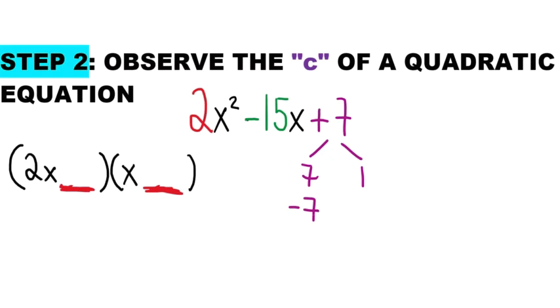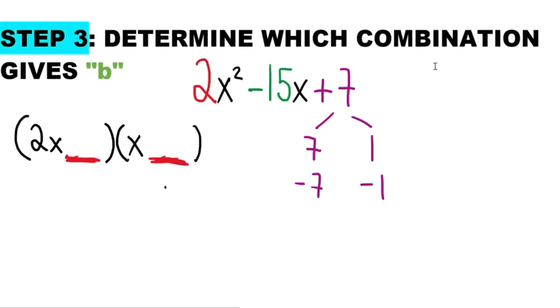We also have -7 and -1. They would equal +7 when multiplied. So we have our options for c. This will help us when we move on to step 3 to determine what the possible integers are in the binomial product.